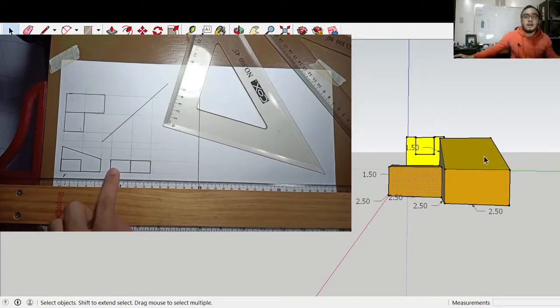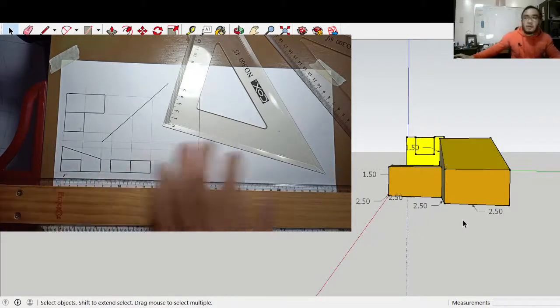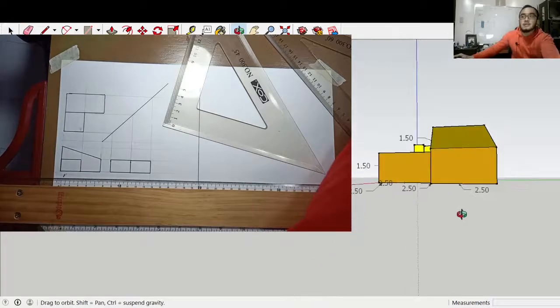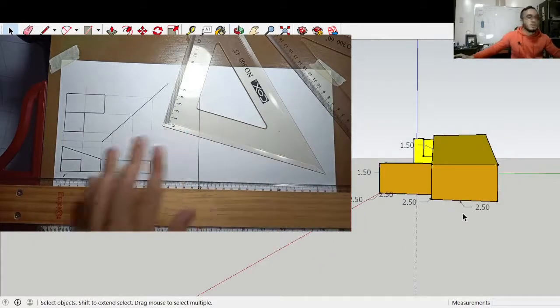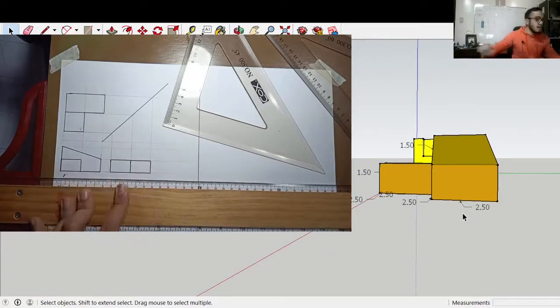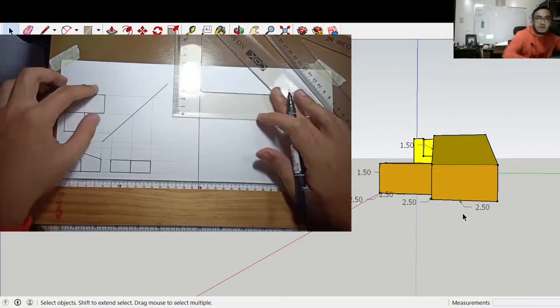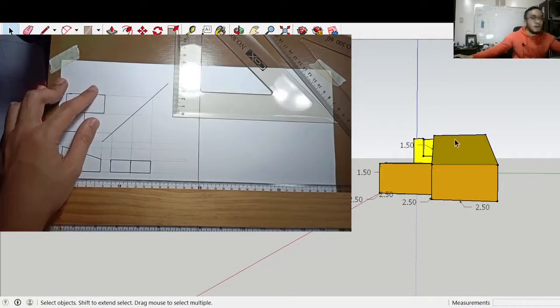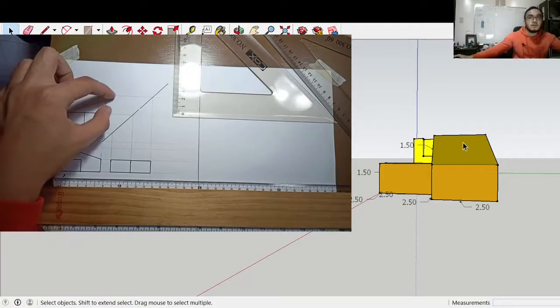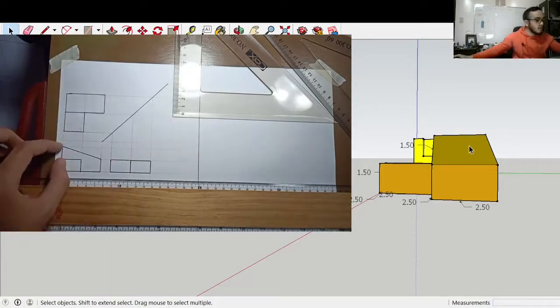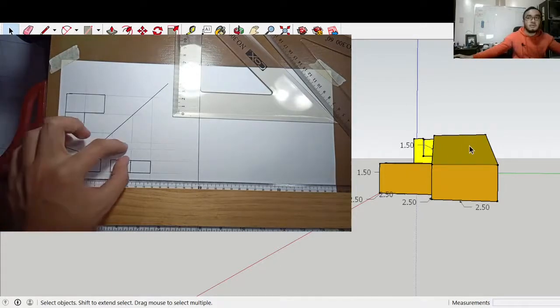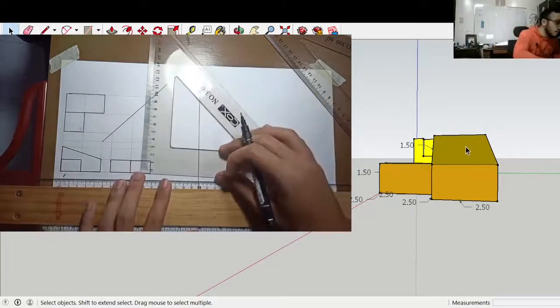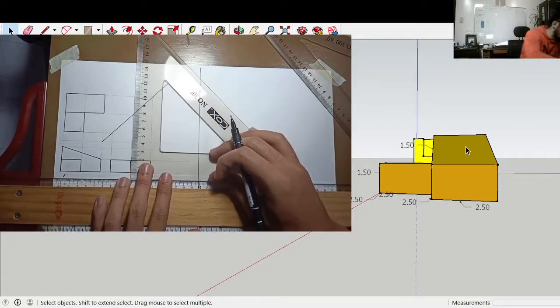Ang natira na lang is etong slanted area na to. Pero, kapag titignan mo naman siya in the right side, you won't see any slant. So, parang rectangle din lang siya. And we can already see that this part of the area right here is the intersection of this, itong part na to, and itong part na to. So, meaning, this would be your orthographic drawing of it.